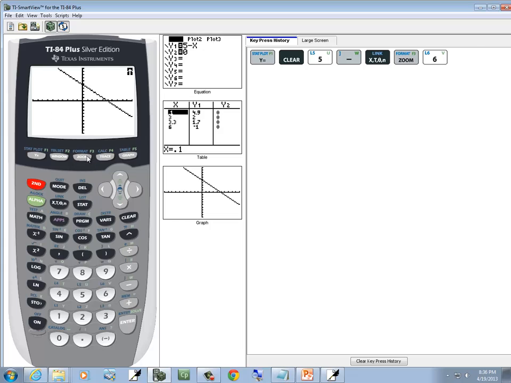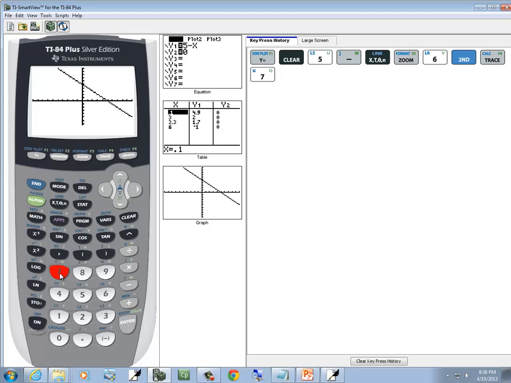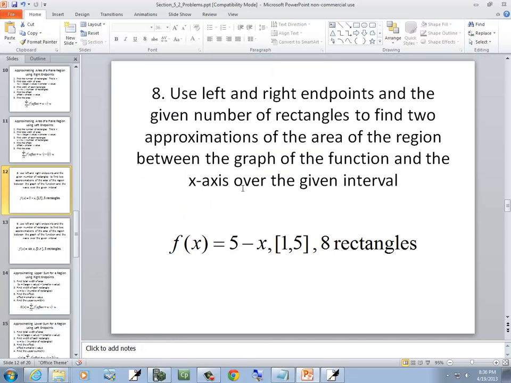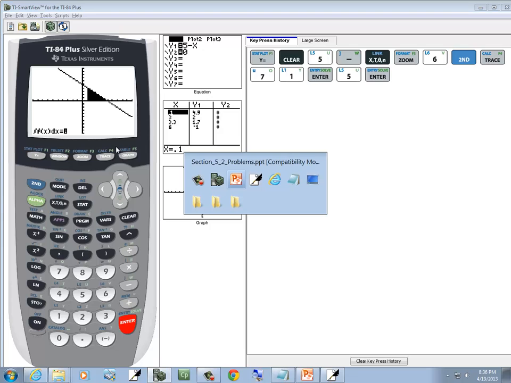Now if I do second trace, the 7th one here, the one with the integration symbol, it'll ask me for my lower limit, and we'll put 1, and then our upper limit's 5, because this goes from 1 to 5. So do 1 enter, 5 enter. And you see it comes up and tells me it's equal to 8. So that's actually our area.